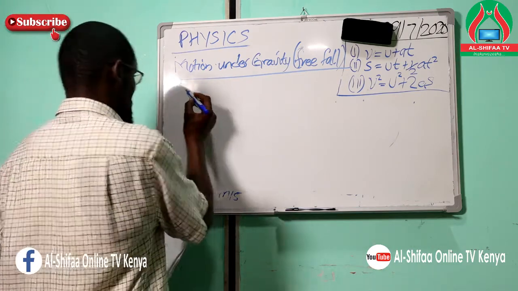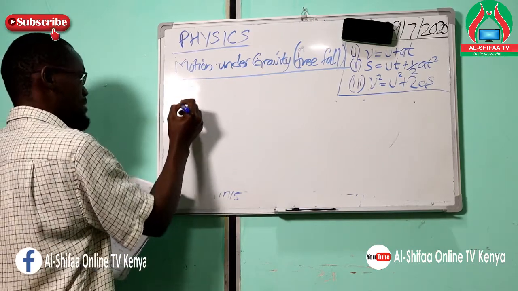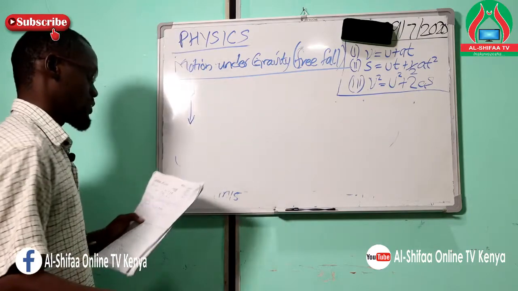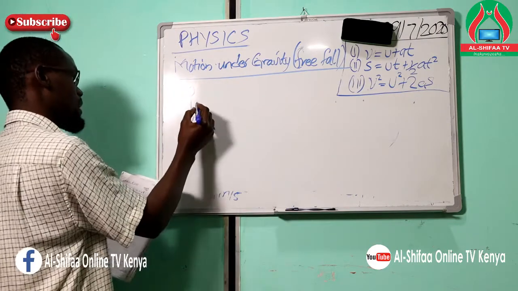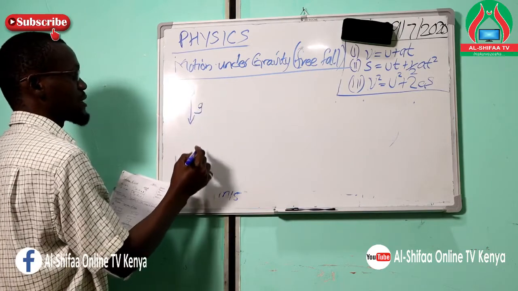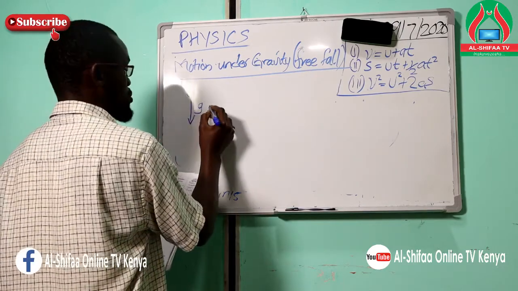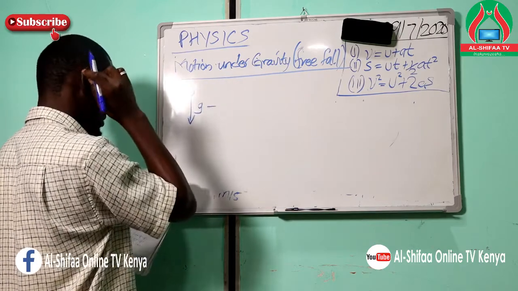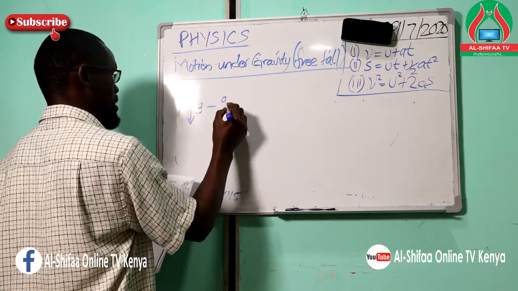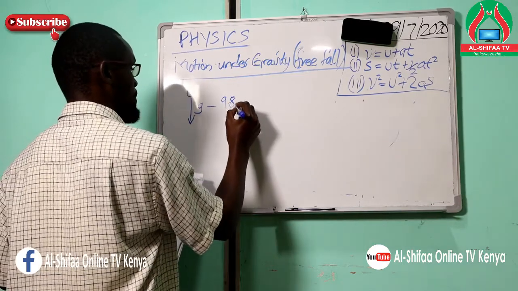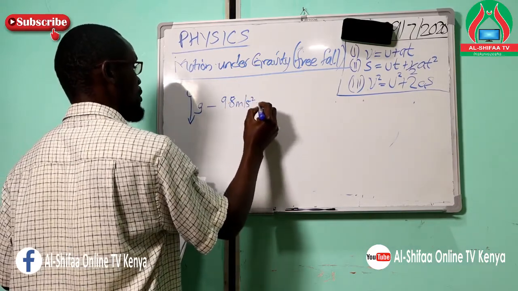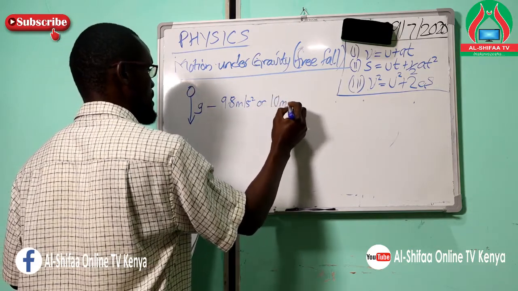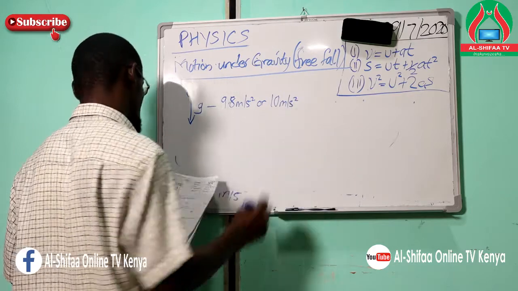This uniform acceleration is denoted by g for gravitational pull.